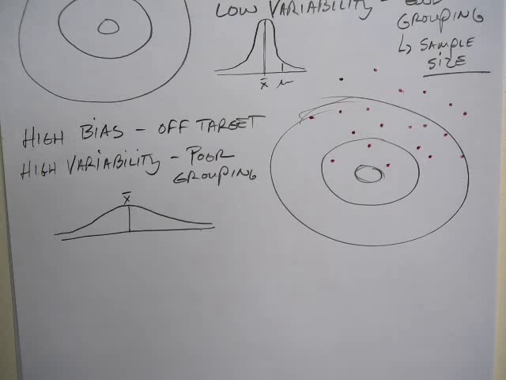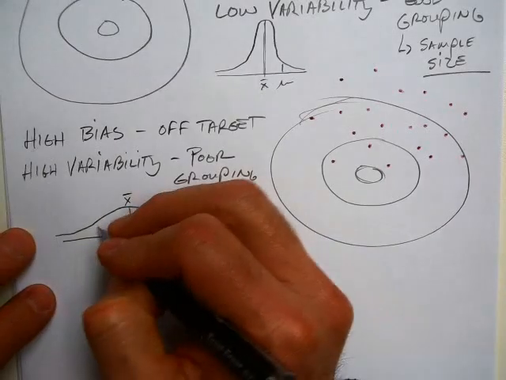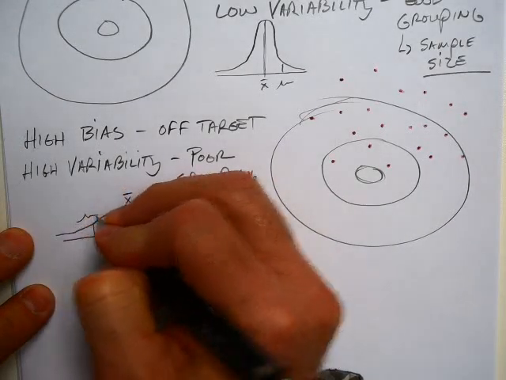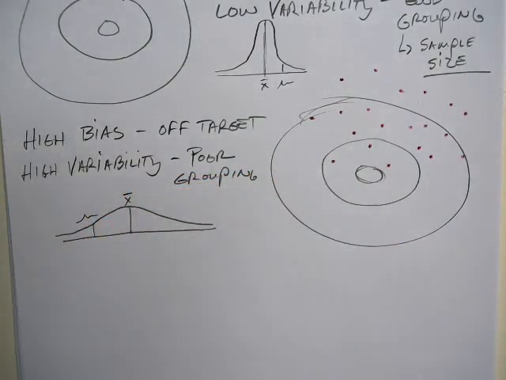The bullseye being your mu. You're trying to learn about mu or your parameter, whatever. It could be sigma if you're looking at that parameter, but let's take it as mu. So my mu is somewhere away from x bar. It's not in the middle. It's somewhere else. I've missed it. I'm trying to learn about this, and I missed it. Okay?